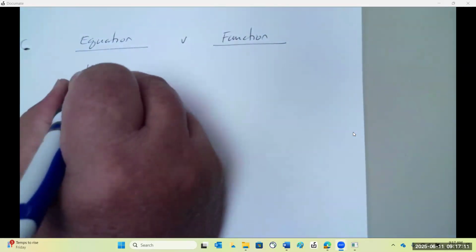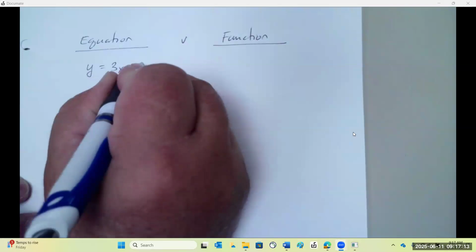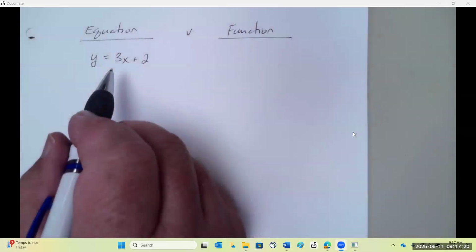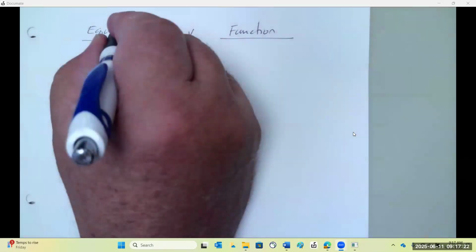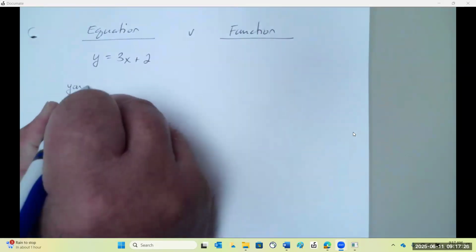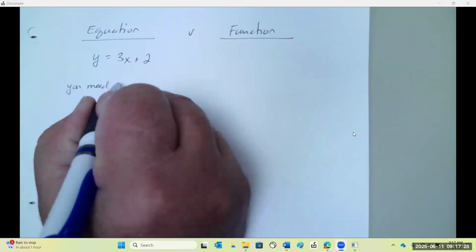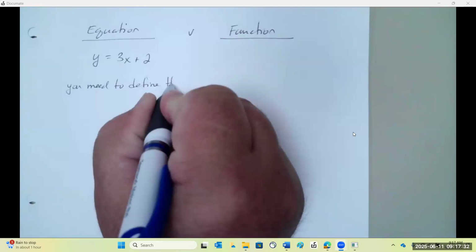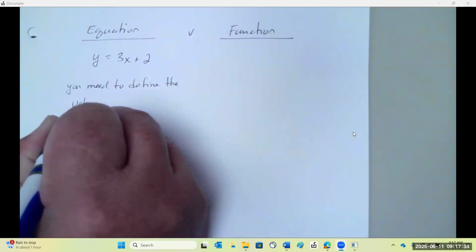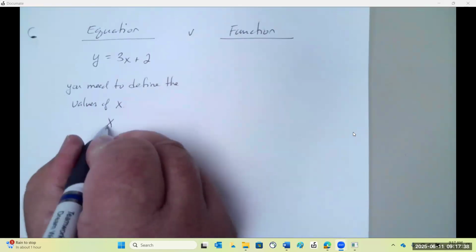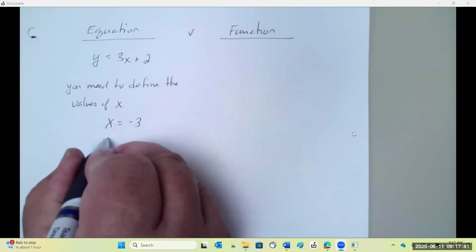So this is like y equals 3x plus 2. If you have an equation, you need to define the values of x. In other words, you have to define what it means.